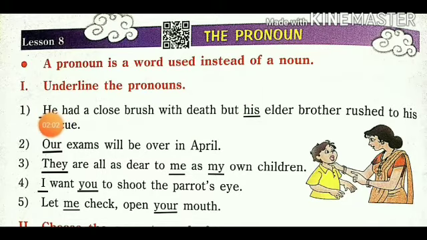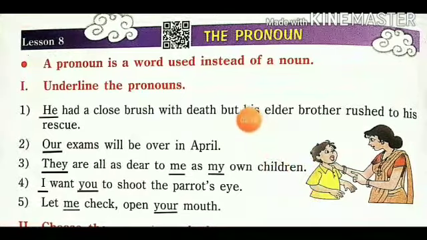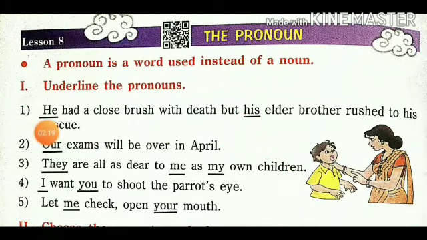Suppose Raju had a close brush with the dead bird, Raju's elder brother. Here we have not written Raju, instead we have used he and his. So instead of a noun we use a pronoun. He and his are pronouns.